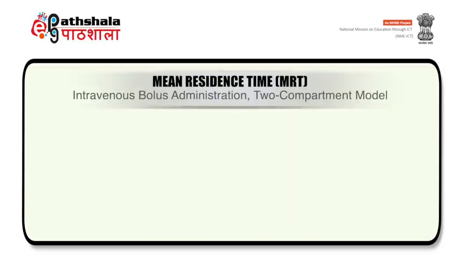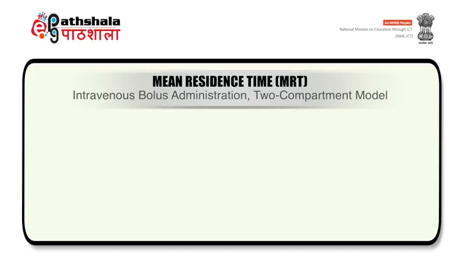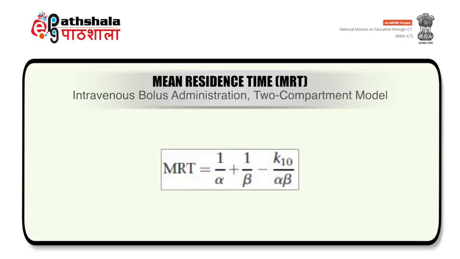Now coming to intravenous bolus administration, two-compartment model. In this, the equation for mass of a drug in the body as a function of time for an intravenous bolus administration is given by the represented exponential mathematical equation, and MRT can be calculated in the case of a two-compartment model as 1 upon alpha, where alpha represents the distribution coefficient, plus 1 upon beta, where beta is the elimination constant, minus K10, that is the elimination constant from the central compartment, upon alpha beta.